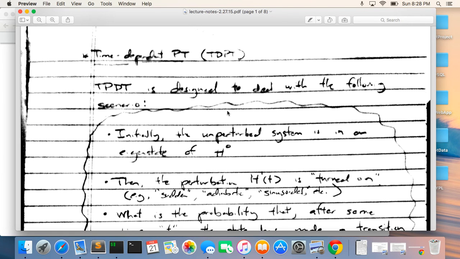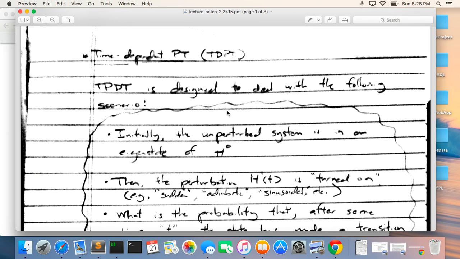So time-dependent perturbation theory is basically designed to deal with situations where you have some system that's in an unperturbed state, say, that we would call H0, like before. And then at some point, a perturbation gets turned on, right? This can happen in several different ways.